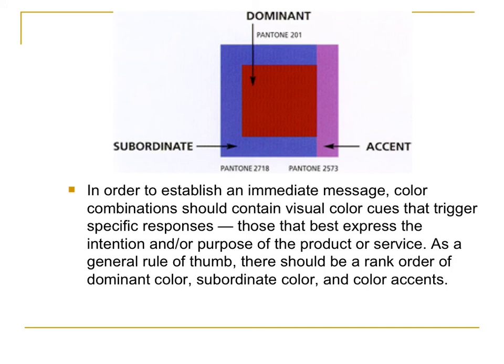So remember I said that color usually comes in threes, right? We have the primary, the secondary, and the accent color. Here you see them called the dominant, the subordinate, and the accent color. But anyhow, you should always have a primary color, one that is going to be used the most.